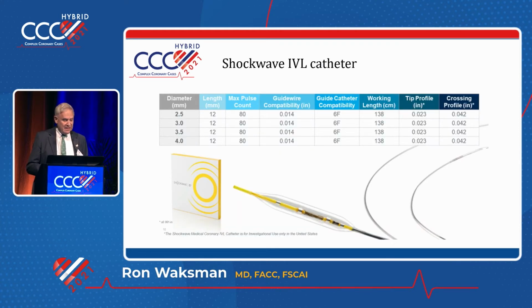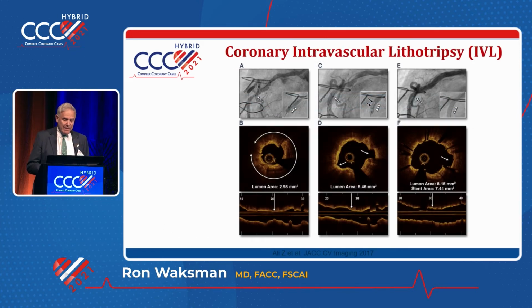And it comes in different diameters and different catheters. We've been using it extensively in the periphery, which is how it started. But when you look at coronary intervention with lithotripsy, you see a very good effect in enlarging the lumen after creating those fractures, to a lumen area that starts from 2.98 in a heavily calcified artery all the way to a lumen of 8.15.